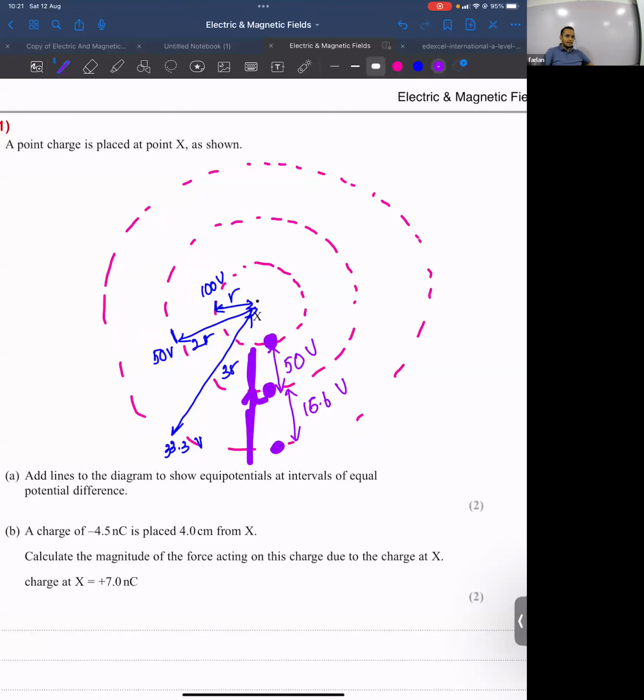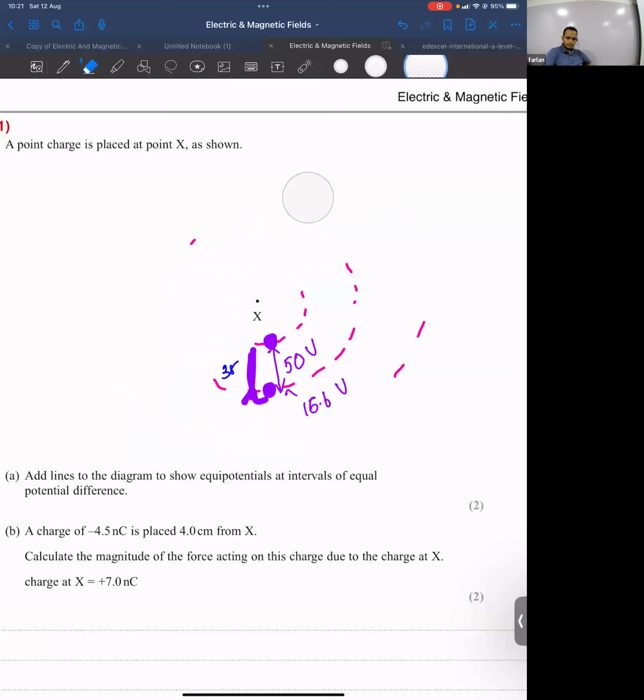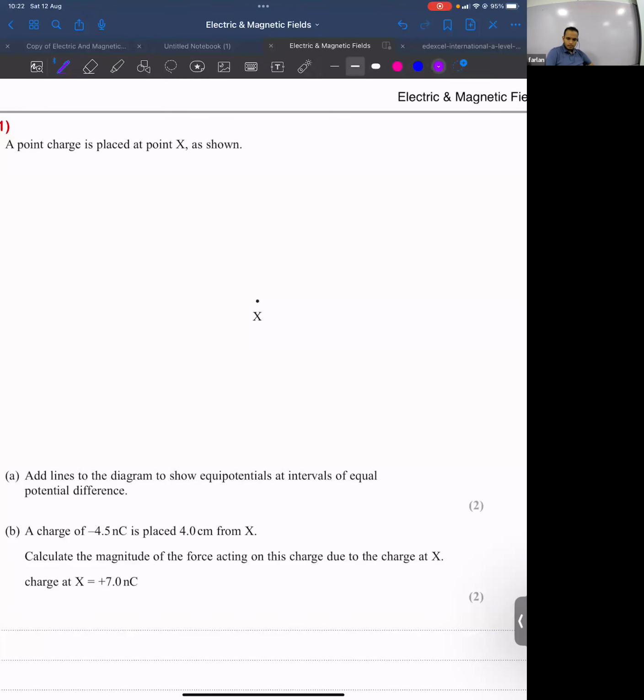Okay. Then tell me, what should you do? Okay. Now tell me, I'll remove this fellow. Okay. Let's say this is my first equipotential line.